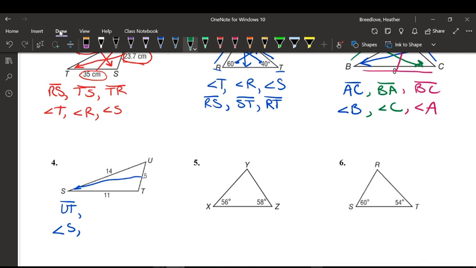So that's side ST. And across from the 11 is angle U. The angle across from the side that's marked 11 is angle U. And then lastly, we have the largest side, which is side SU, and that is across from angle T.